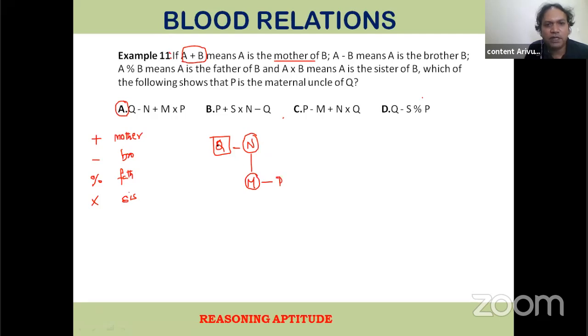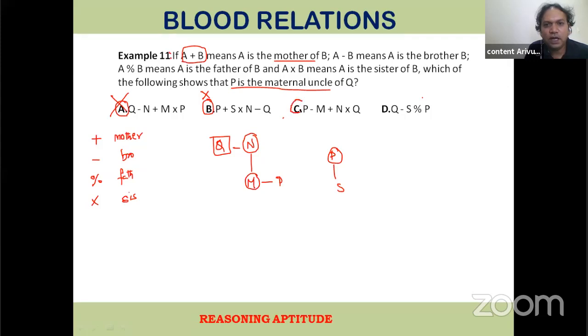Q is in the upper generation and P is in the lower generation. Obviously, this can't be the answer, so A is wrong. Look at B. P plus S. P is mother of S. This can't be the answer because P has to be the maternal uncle. P has to be male, right? Now we see P is female here, so this can't be the answer.